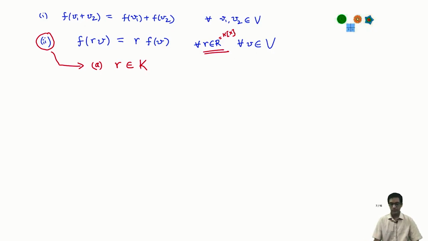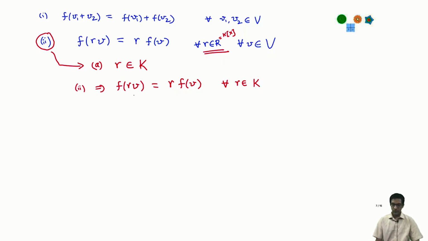Okay, so take r to be a constant polynomial. So in this case I conclude from property 2 that f of rv is r f(v) for all constant polynomials.